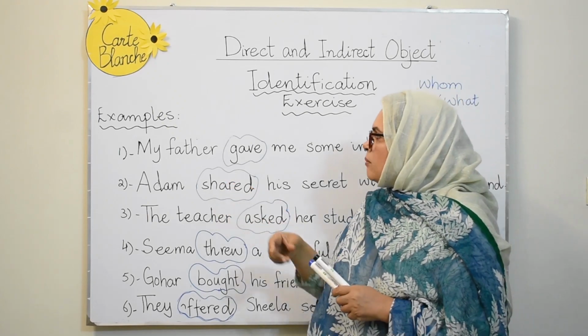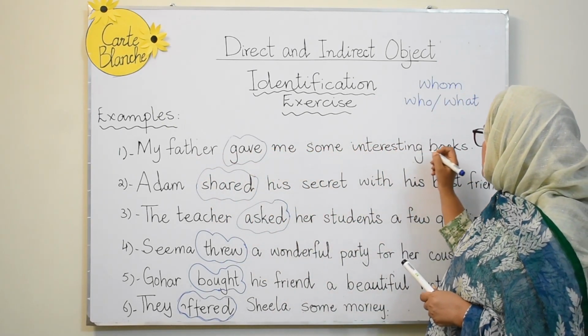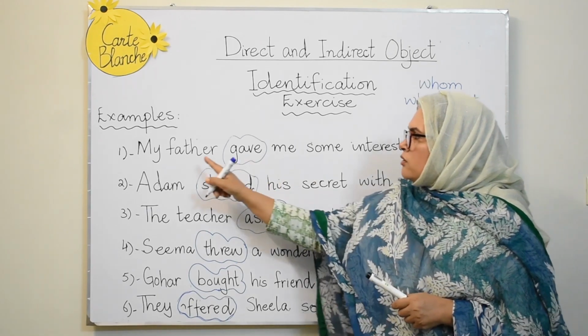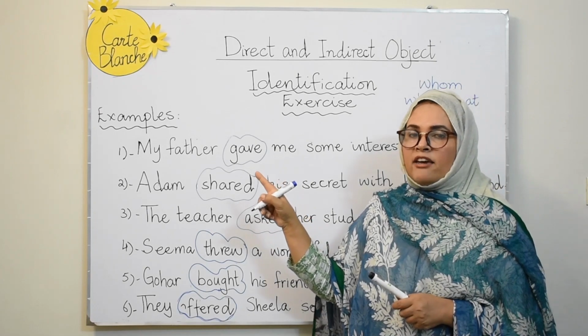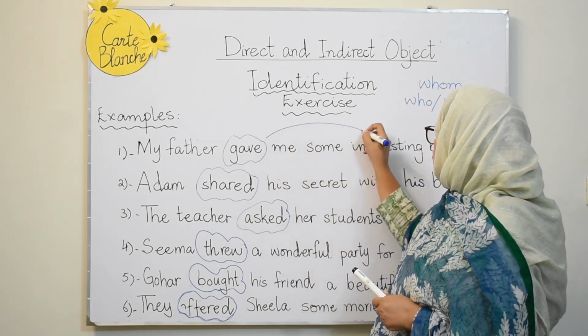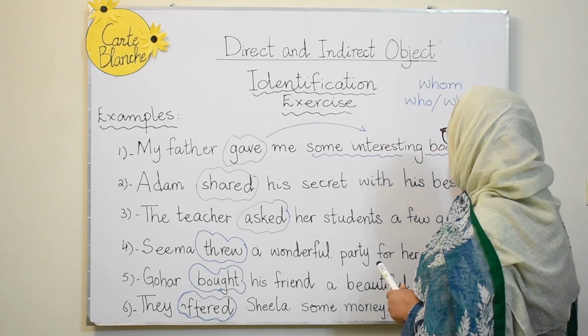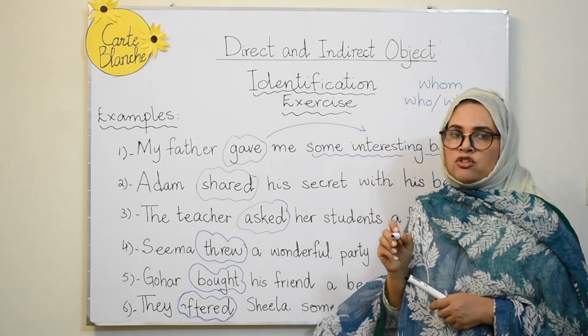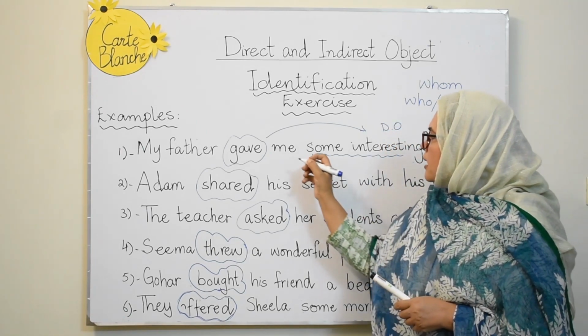Now let's look at the examples. My father gave me some interesting books. Now the question is, my father gave what? My father gave some interesting books. So this goes for a direct object. I'm just writing DO so that you can understand.